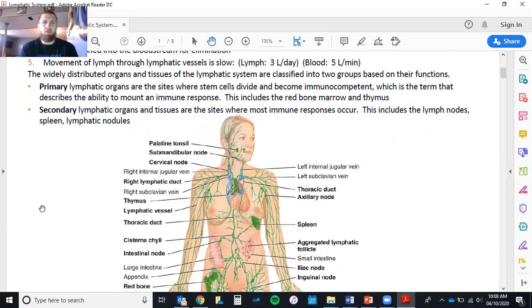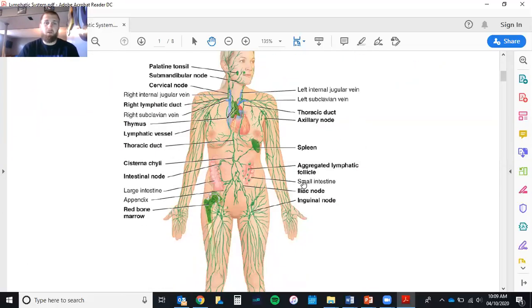The primaries are where cells that are undeveloped, what we call stem cells, divide and then become immunocompetent, a term that means they have the ability to mount an immune response. Basically, they become mature immune-fighting cells, and this includes the red bone marrow that we've been talking about lately, and back at the beginning of the semester, in places like the ends of our long bones, like the femur here, where our blood cells are produced.